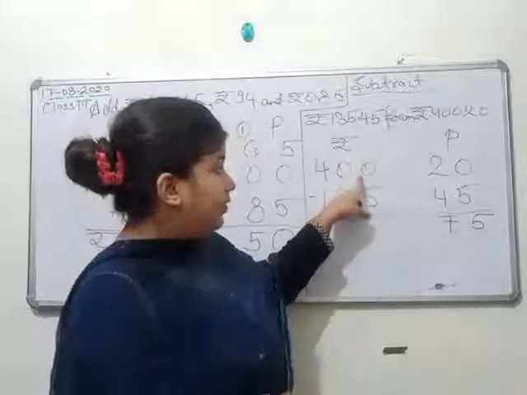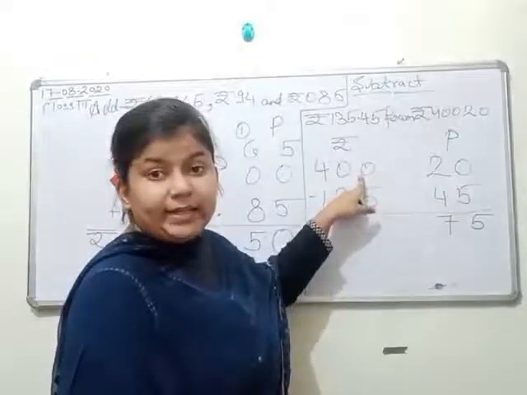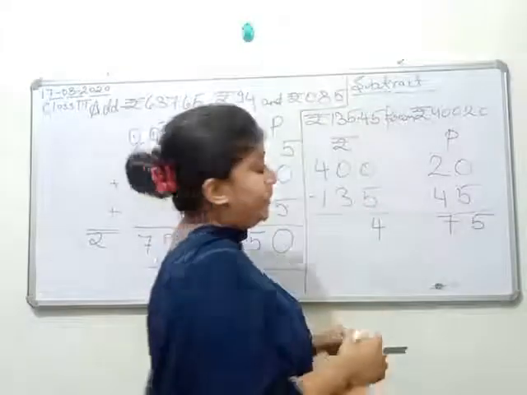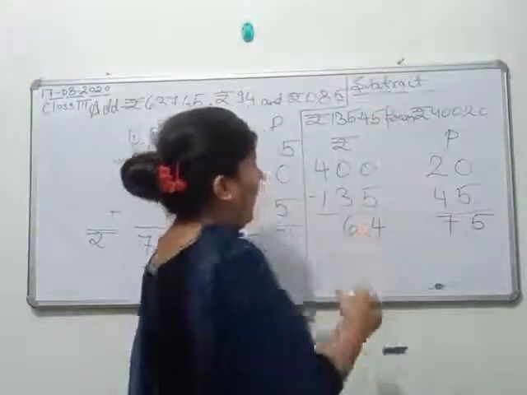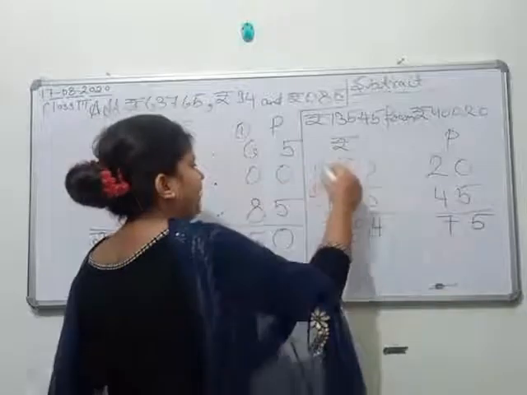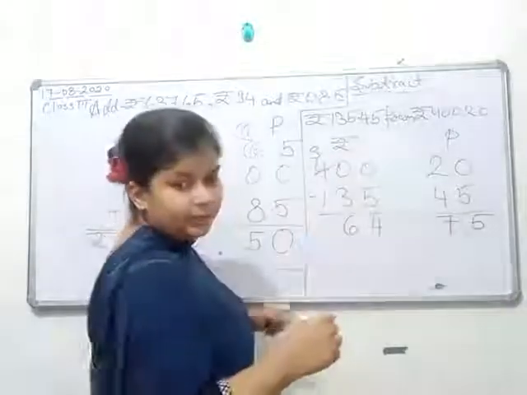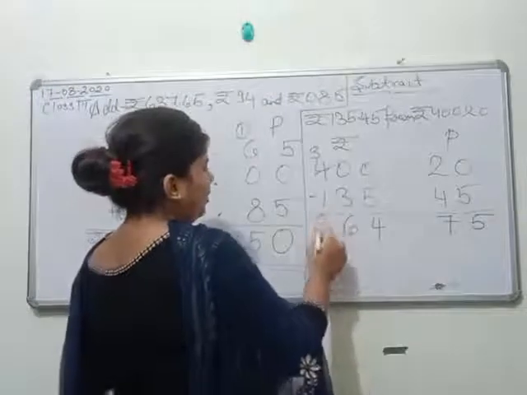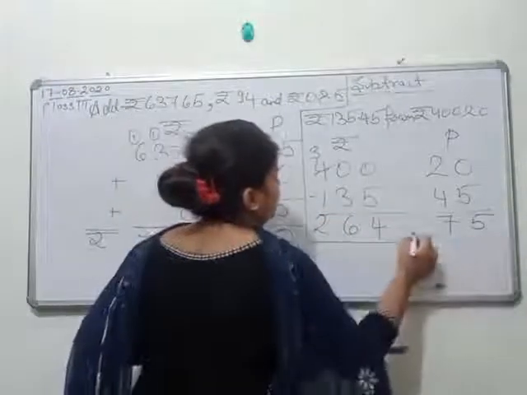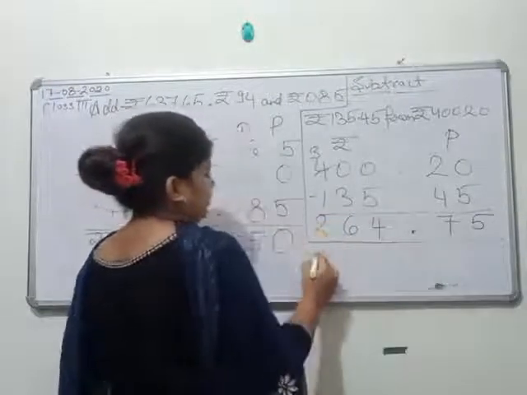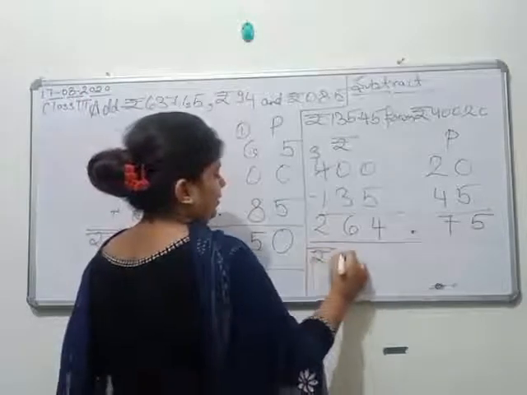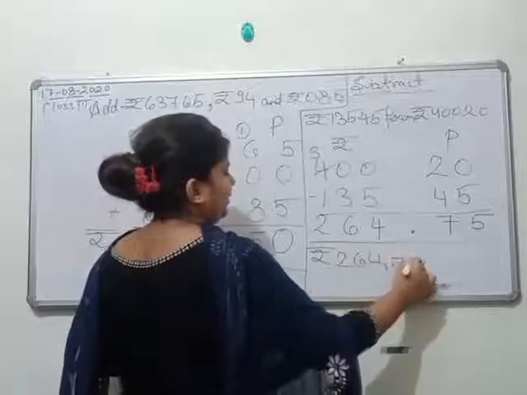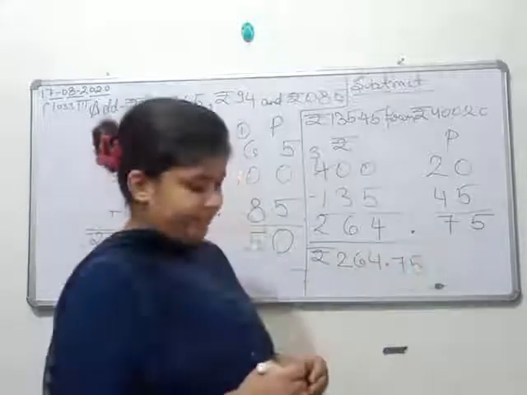Now this number will become 9. 9 minus 5 is 4. 9 minus 3 is 6. And this number will become 3. 3 minus 1 is 2. So our answer is 264 rupees and 75 paise.